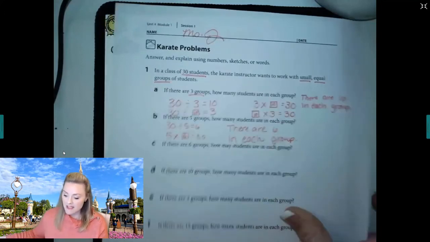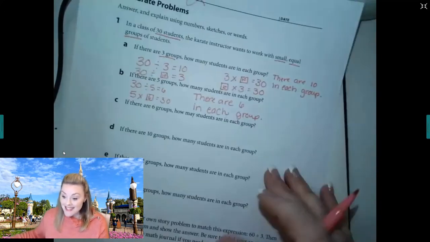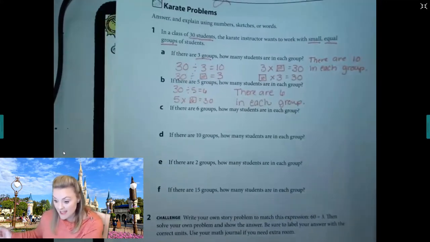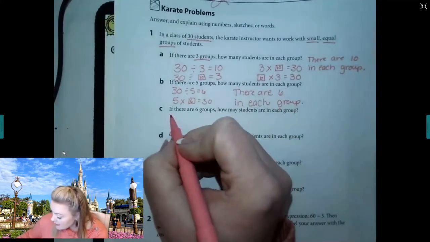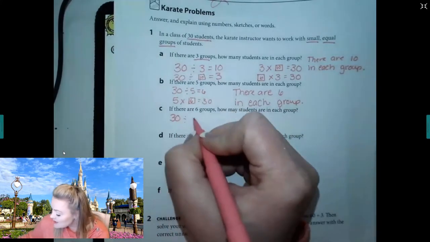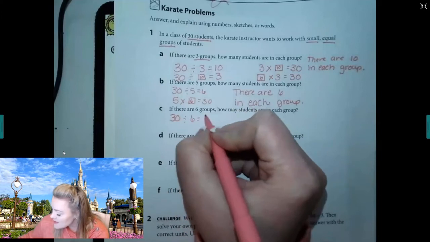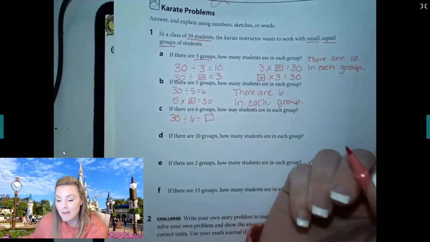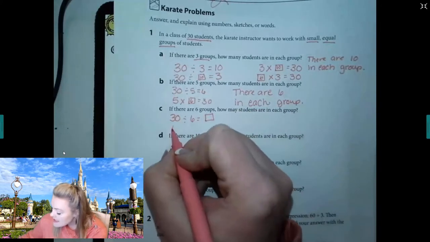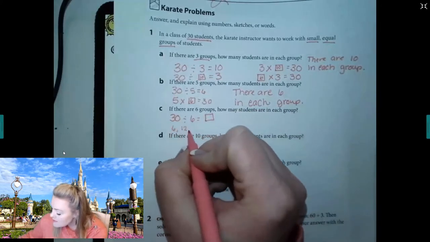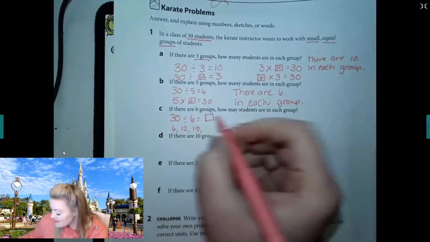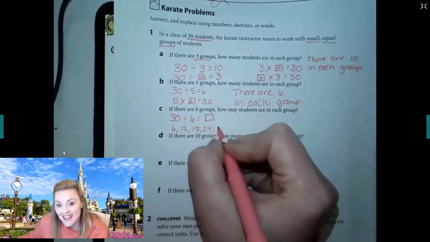Okay, let's look at letter C. If there are 6 groups, then how many would be in each group? Okay, so now we're going to be dividing 30 into 6 equal groups. So thinking about how many groups of 6 could you get to make 30? Let's just skip count by 6. 6, 12, 18, 24, good, 30.